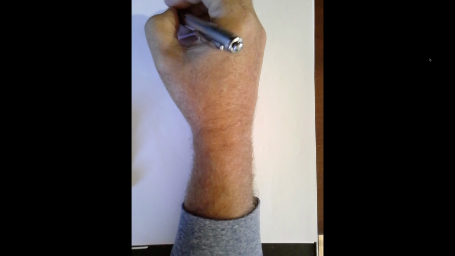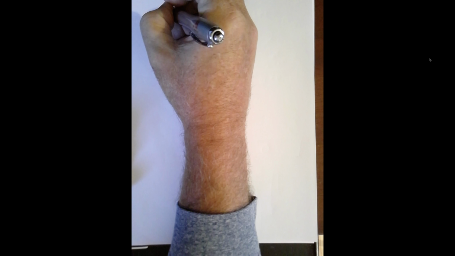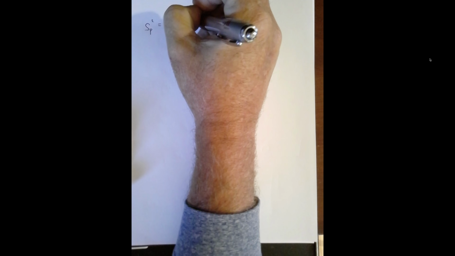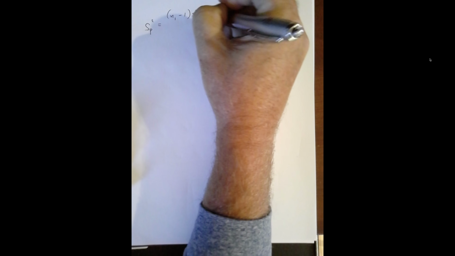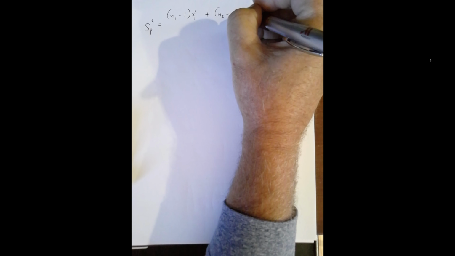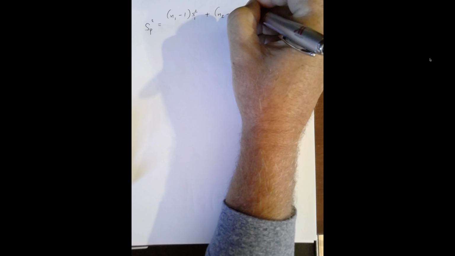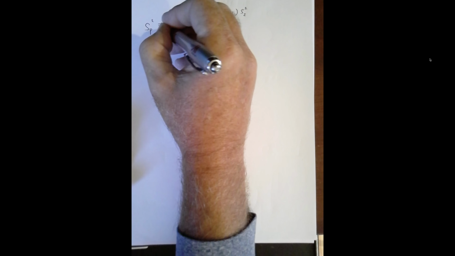Okay, so the pooled variance is just, well, let me see if I can remember this. N1 minus 1 times the variance of the first sample plus N2 minus 1 times the variance of the second sample.